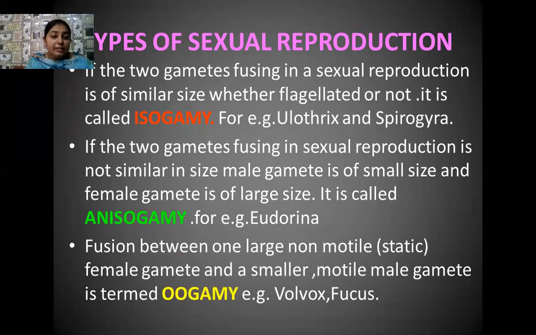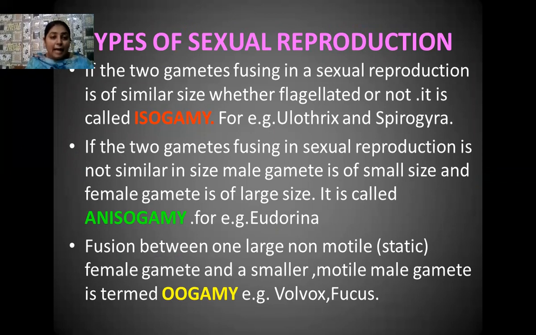Yes, students, regarding the types of sexual reproduction, I want to specify each process in detail. If the two gametes fusing in sexual reproduction are of similar size, whether flagellated or not, it is called isogamy. Examples of isogamy are Ulothrix and Spirogyra, which are isogamous species.